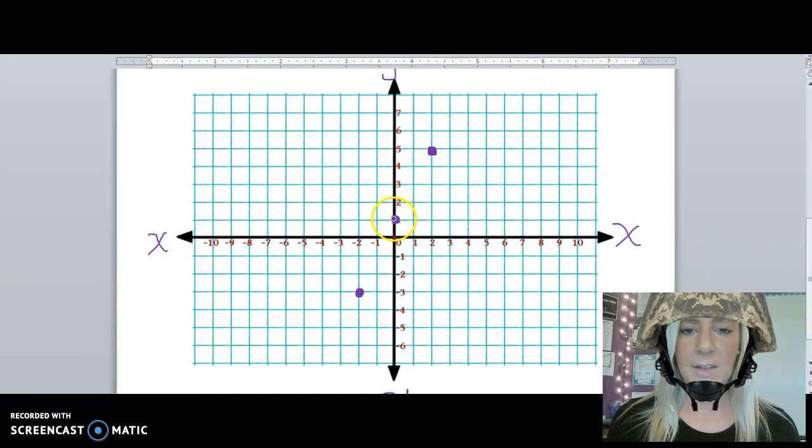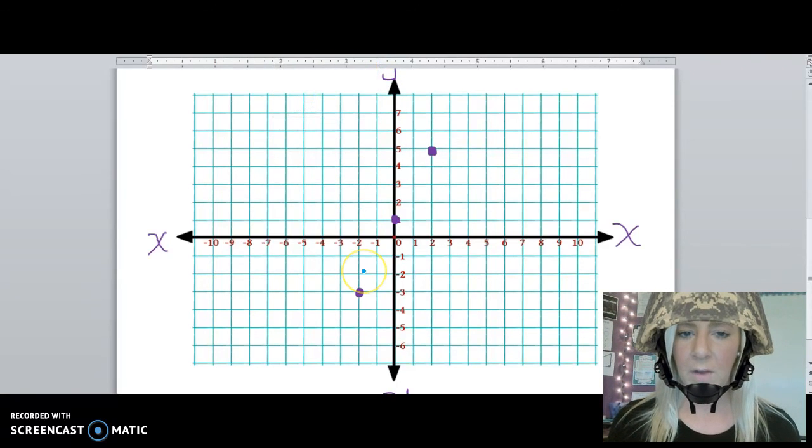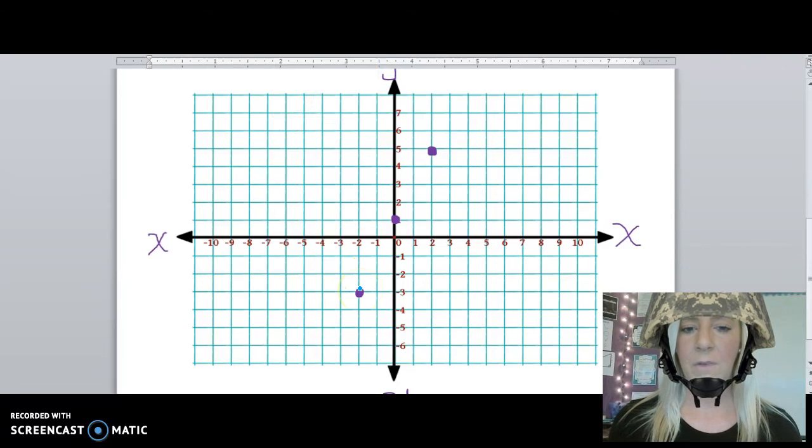And as you can see, these 3 points form a line. Speaking of slope, if you look between each point, there's a constant rate of change. If I go up 1, 2, 3, 4 over 2, 1, 2, the slope is 4 over 2.